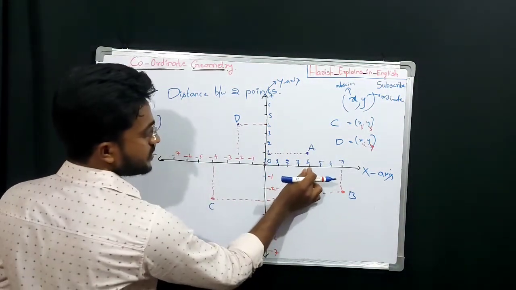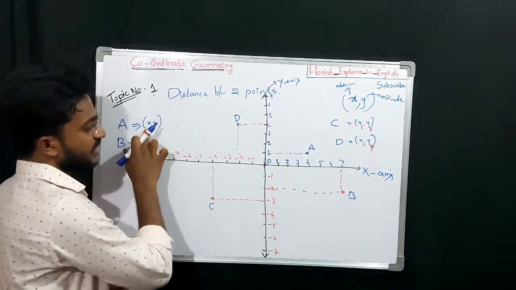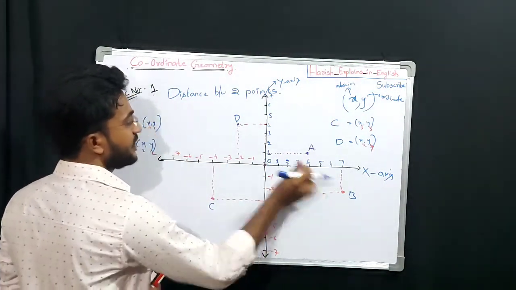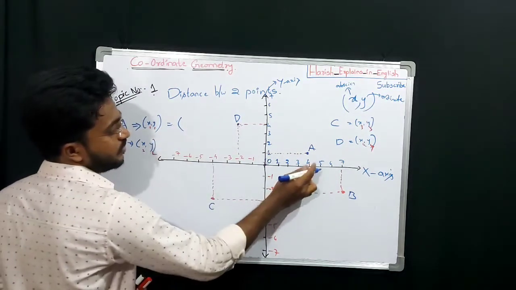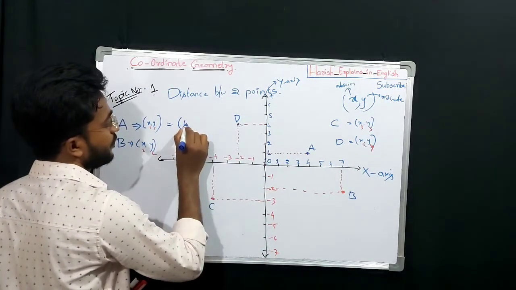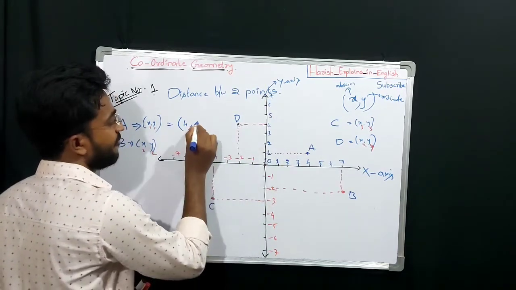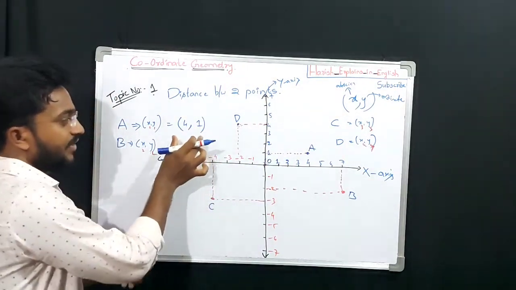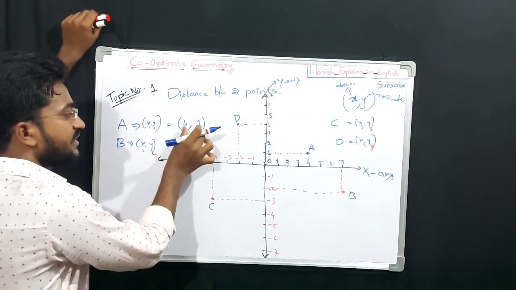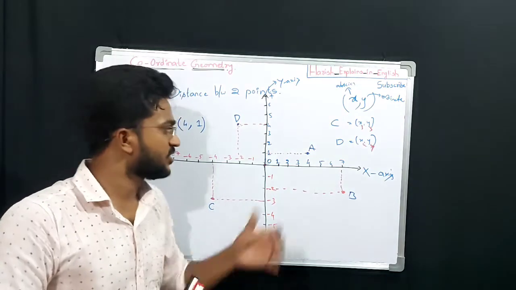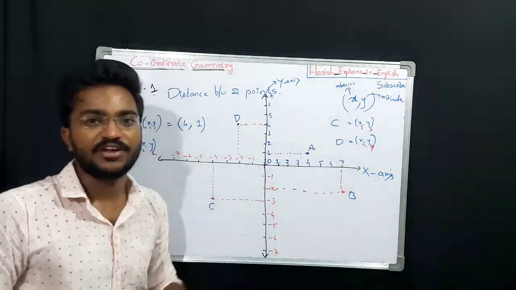So what are the x1 and y1 values? Only the x ordinate, that is the abscissa, should be there. So the x value is 4, and the y value is 1. We do not do any operation on this. This is like a name, so this point's name is 4 comma 1.